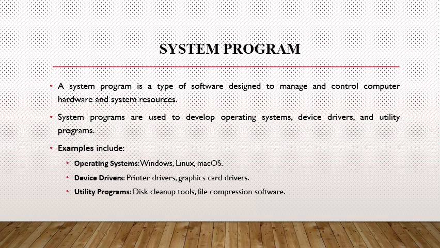All these are called system programs, and they are developed with the aid of system programming. These system programs are of paramount importance for the functionality and seamless operation of a computer system.